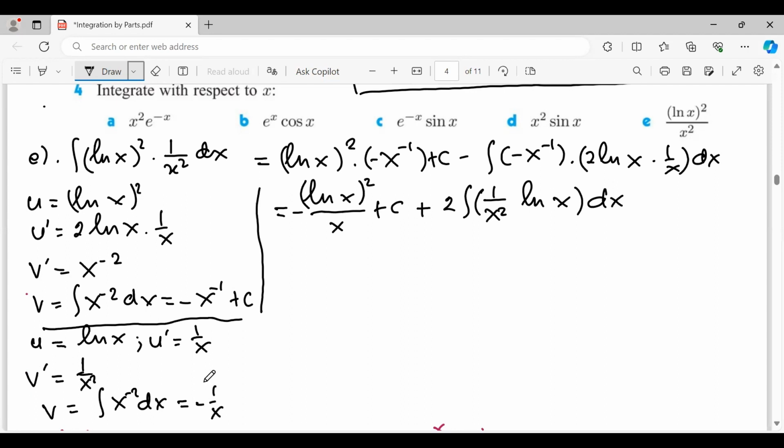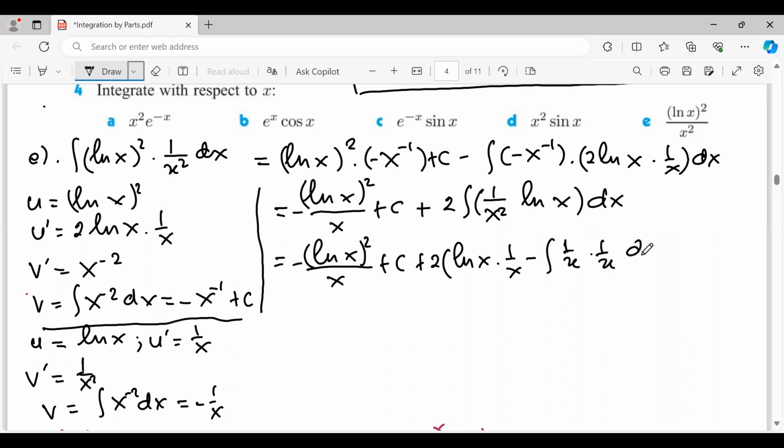So it becomes minus ln x squared over x plus c, then plus 2 times ln x times 1 over x, minus the integral of 1 over x times 1 over x dx.